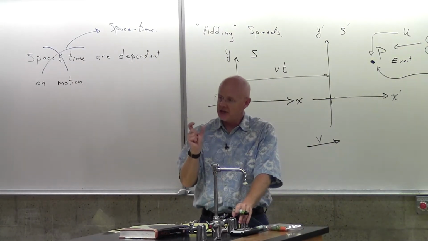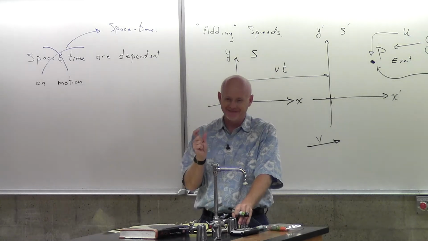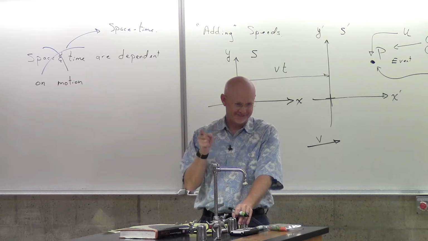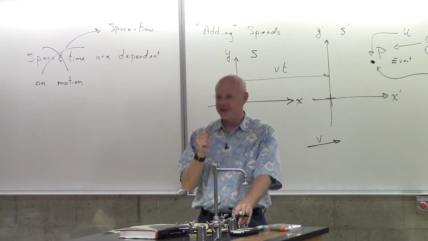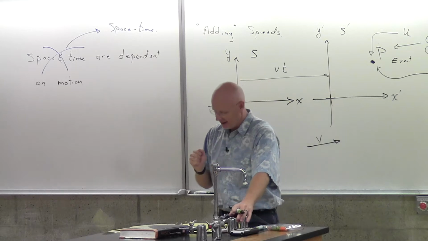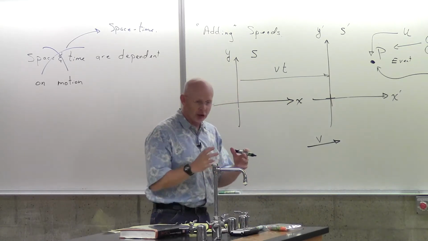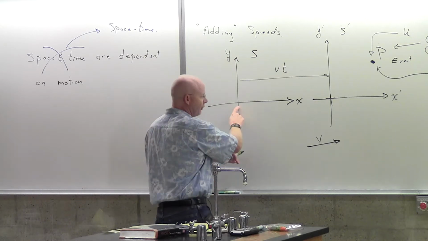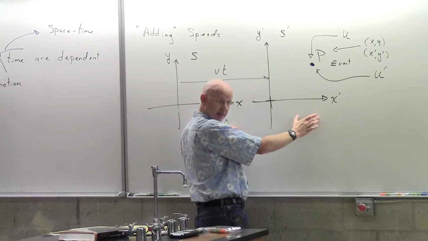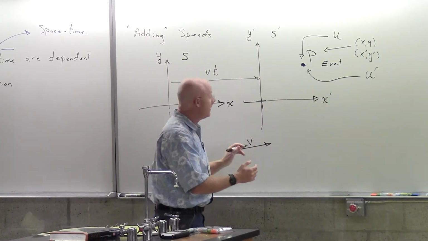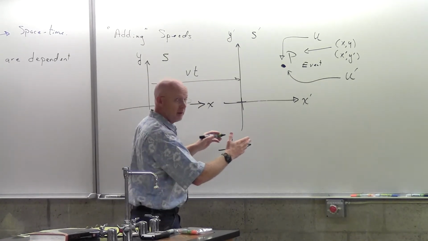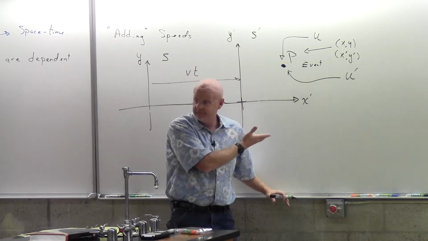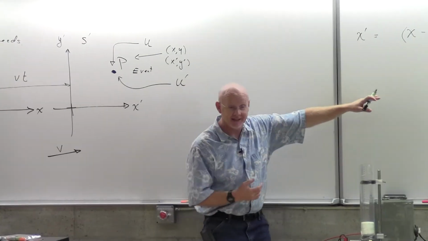The size of my 1 foot is not the same in each reference frame. And there's the catch, right? They would look compressed. You would look over at my coordinate system that is measuring the bird, and you would say, well, if his coordinate system had been the right size, this is what he would have gotten.